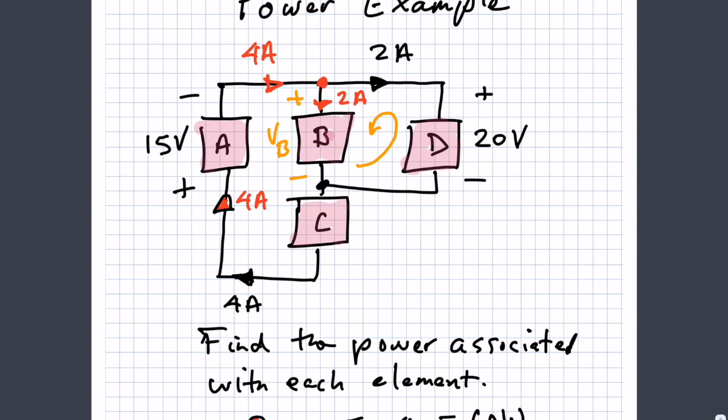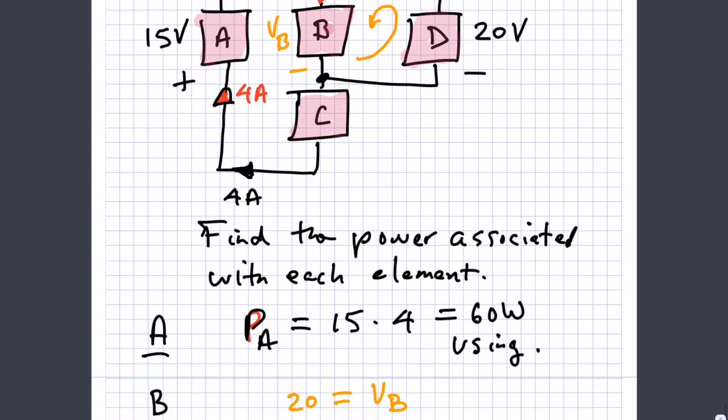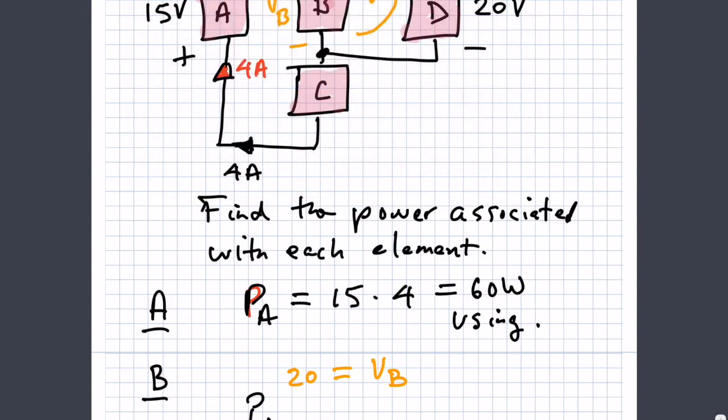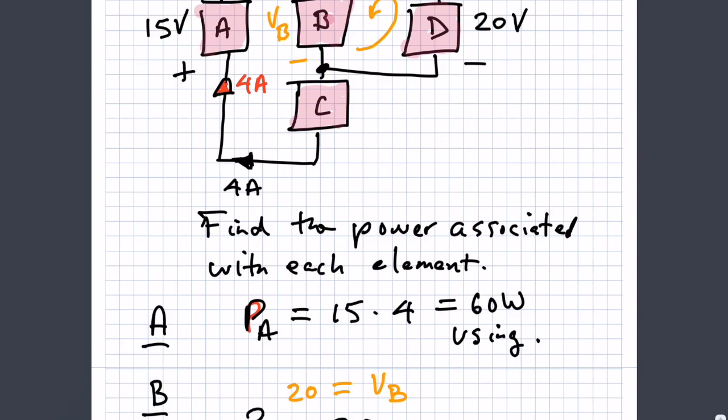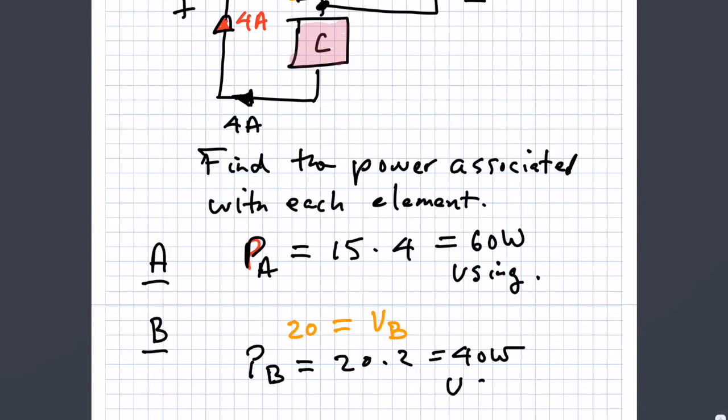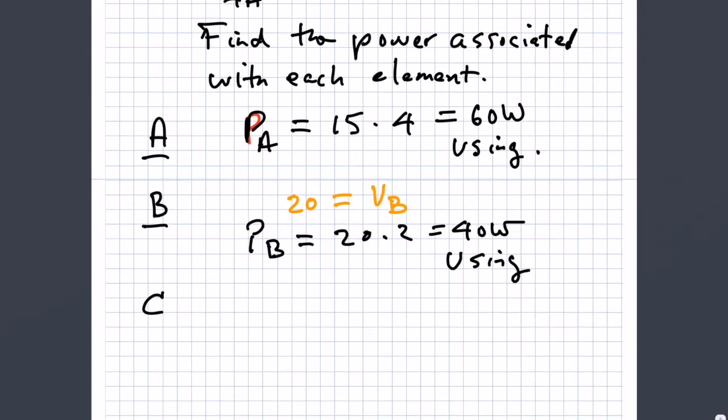So I know now the current through B. So the power associated with element B is 20 times 2, which is 40 watts. And again, this goes from plus to minus, so it's the passive sign convention. So this is using. Okay, element C.